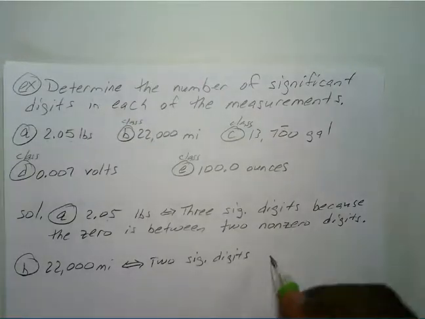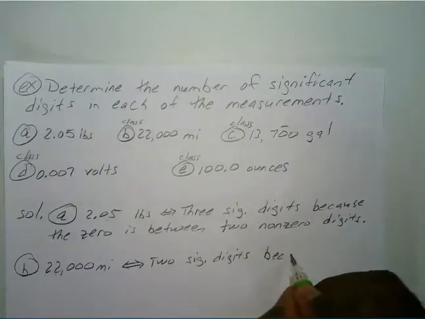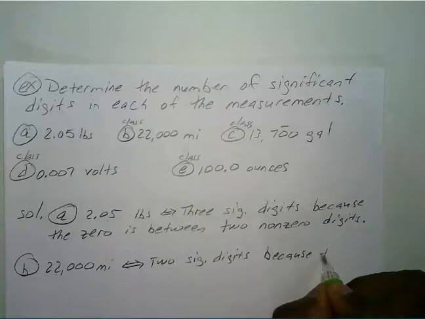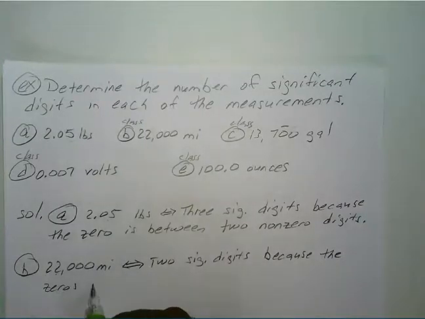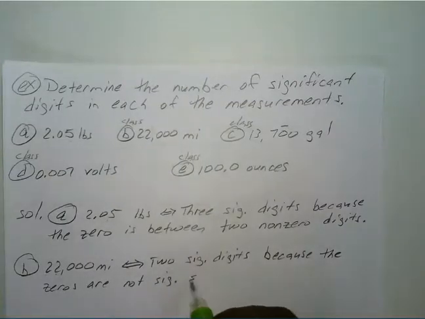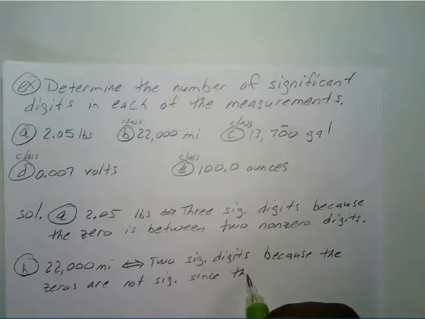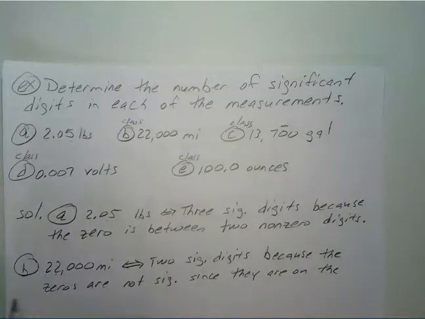All right, and that's the 2 and the 2. Why? It's because the zeros are not significant since they are on the right end of a whole number.